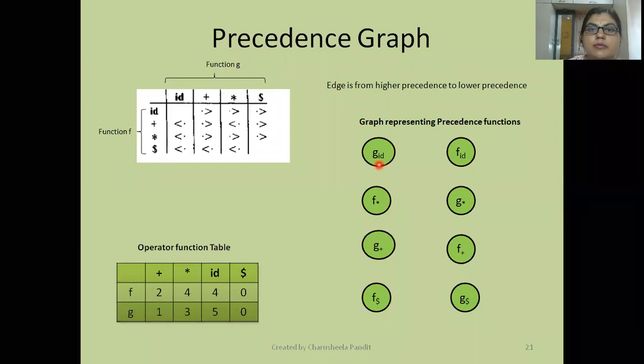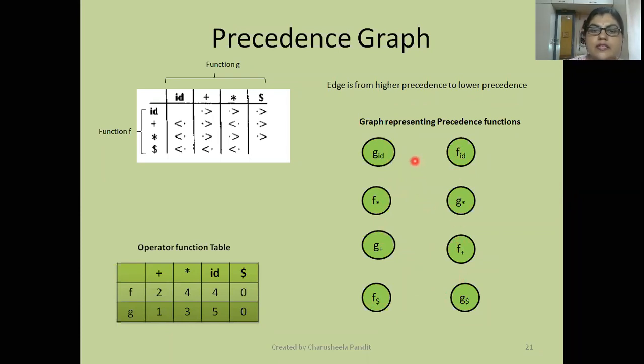The equal precedence operators are at the same level. So you can see ID, ID: here gid and another function fid. Here star, star: fid, gid. Here plus, plus: g plus, f plus. Dollar, dollar: f dollar and g dollar. Here it is g, f, g, f. Here f, g, f, g likewise.